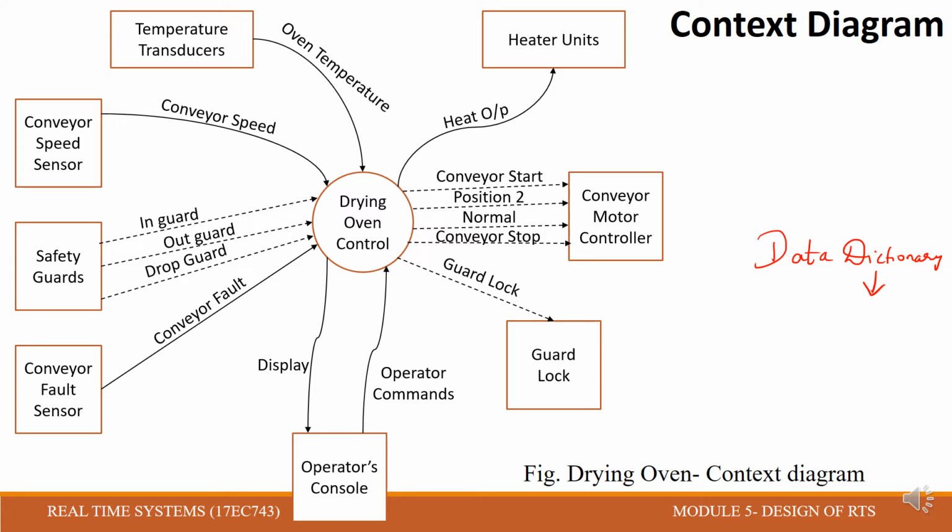It is the place where all data items of the system are saved, in a common understanding way. So the data dictionary will have all the information about the data and control flows.